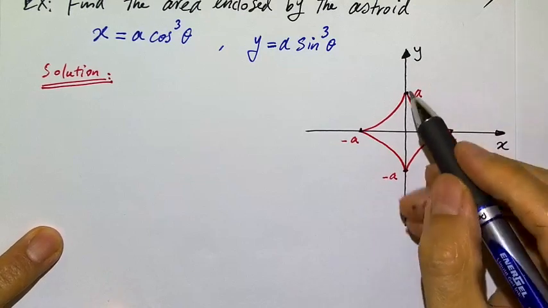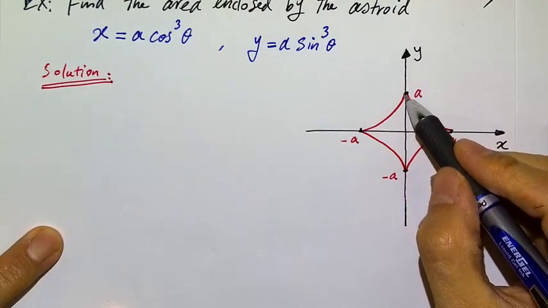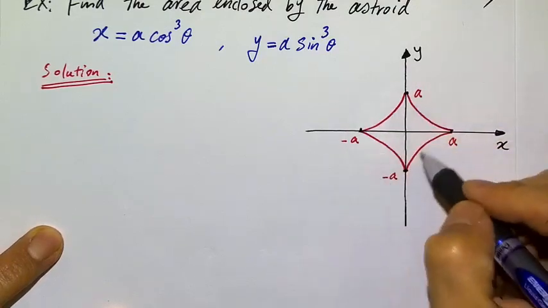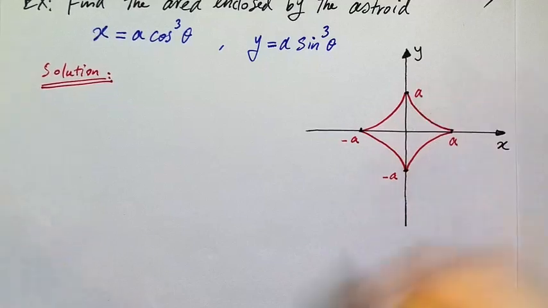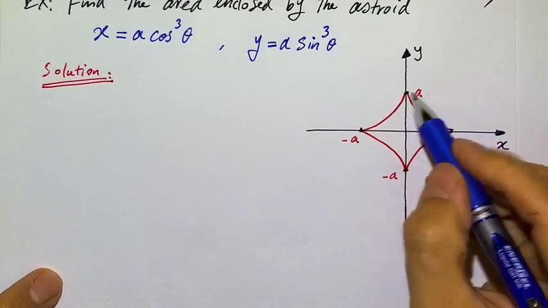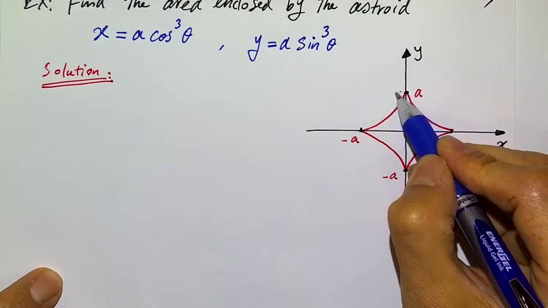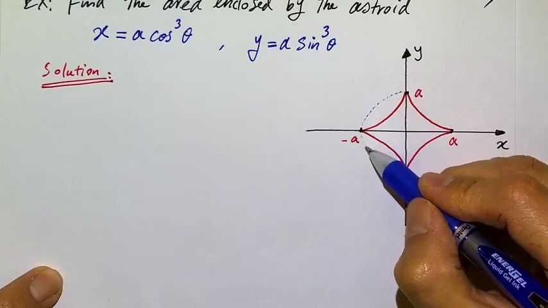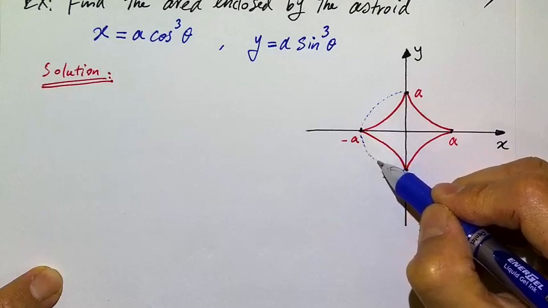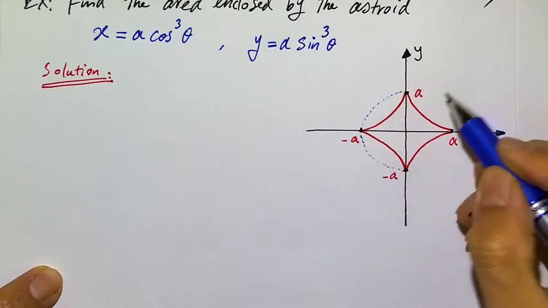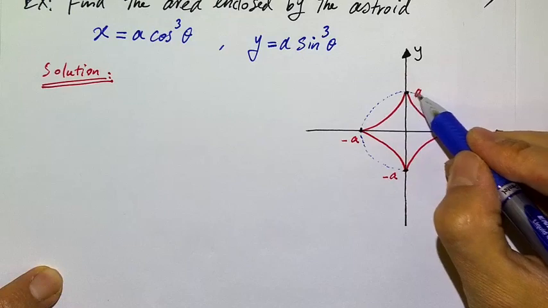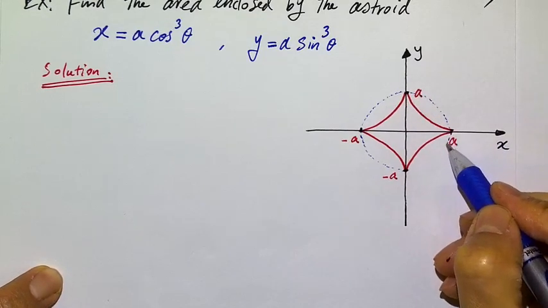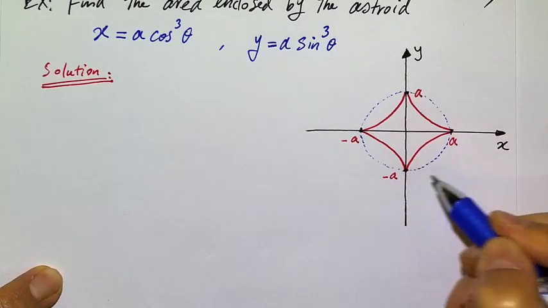The way it is generated is by, if we envision a circle that is around this asteroid. So if I lightly, using a dashed line, draw something like that, roughly a circle. Like that.